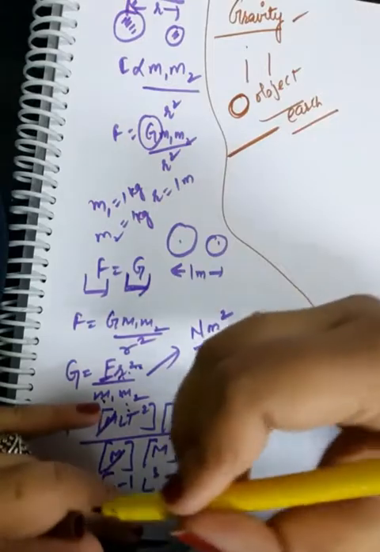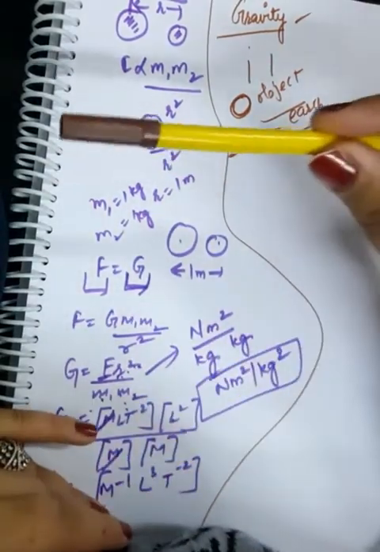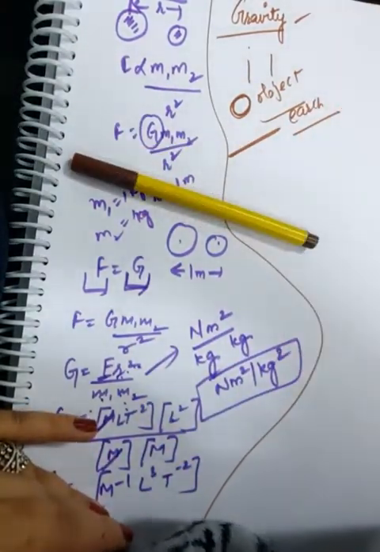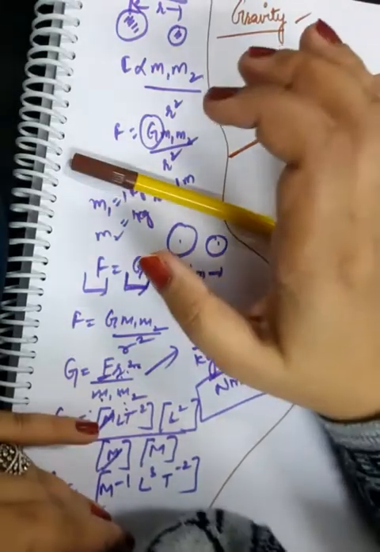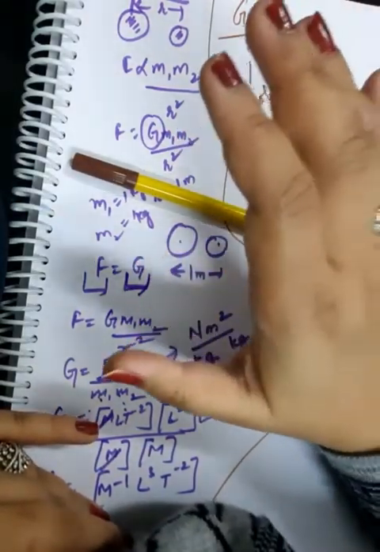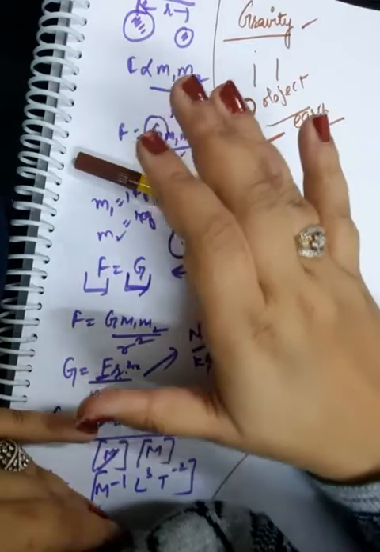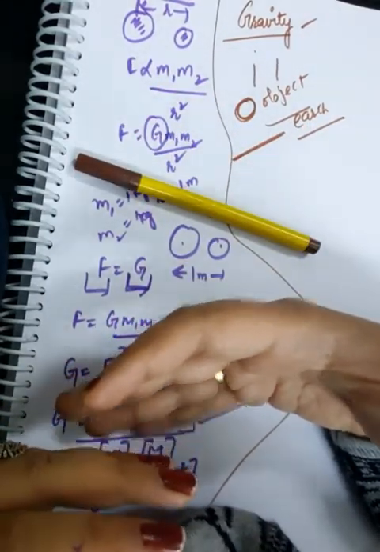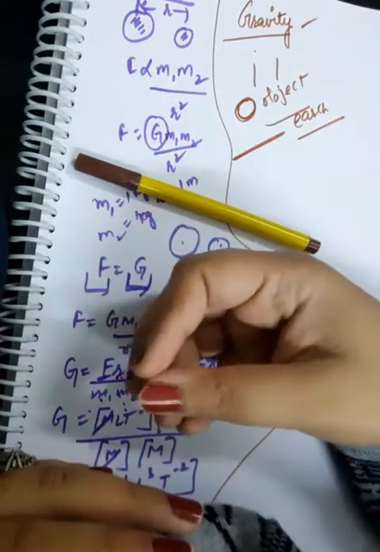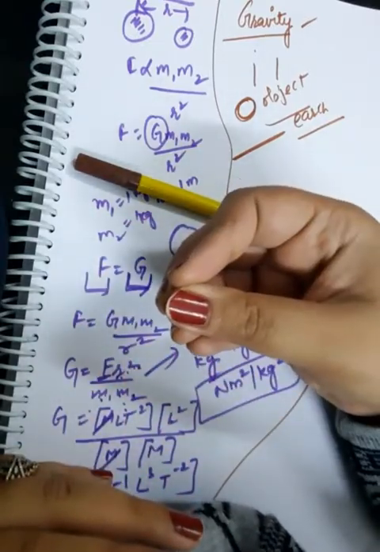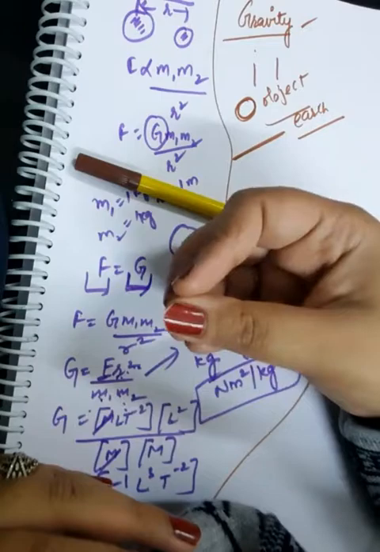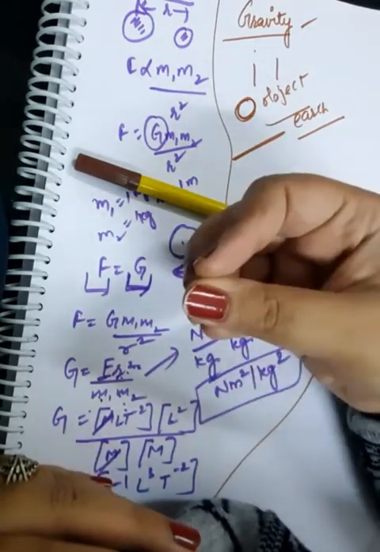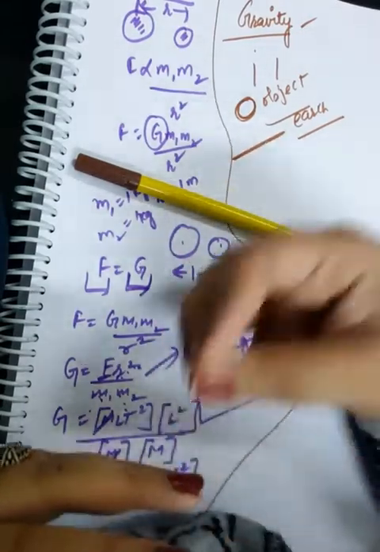Now, when an object falls down, as it is about to strike the surface, its velocity increases, right? Because gravity is a kind of force between an object and Earth.